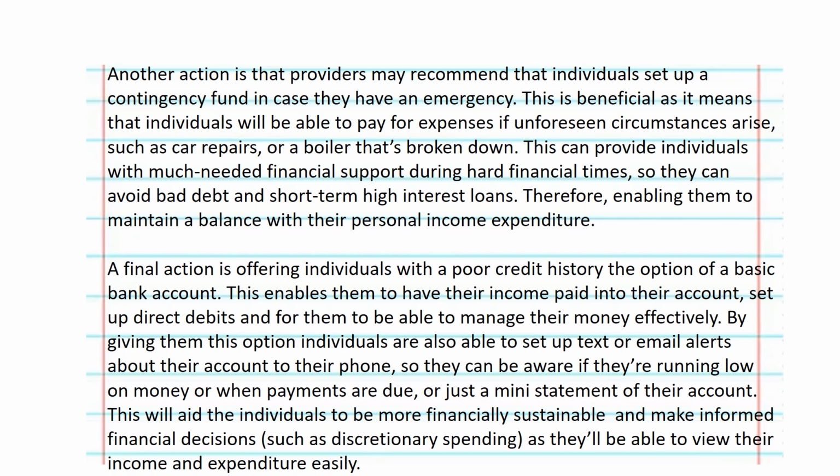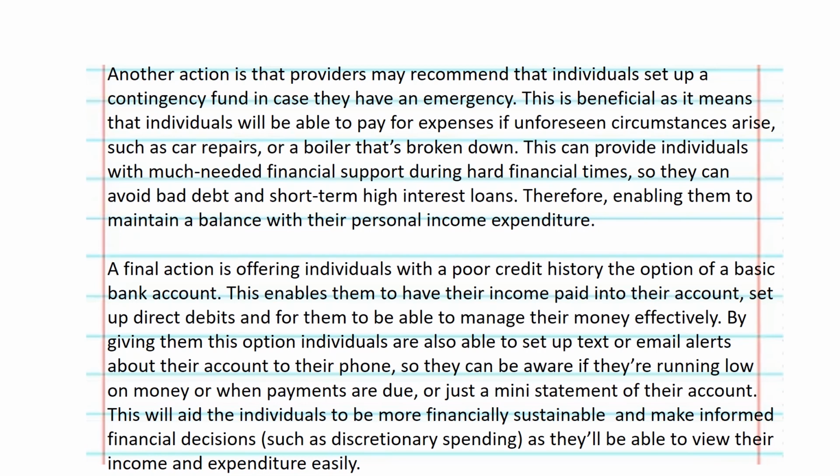A final action is offering individuals with a poor credit history the option of a basic bank account. This enables them to have their income paid into their account, set up direct debits, and for them to be able to manage their money effectively. By giving them this option, individuals are also able to set up text or email alerts about their accounts to their phone so they can be aware if they're running low on money or when payments are due, or just a mini statement of their account.